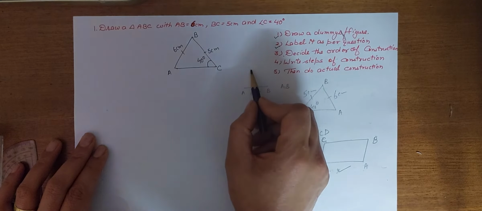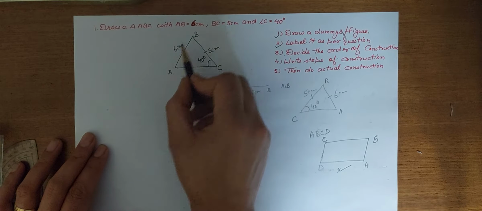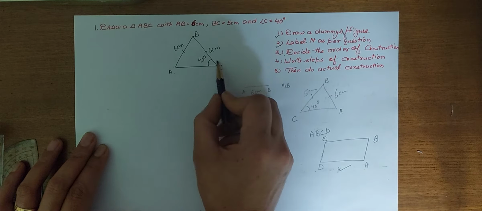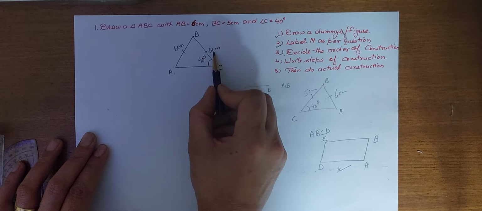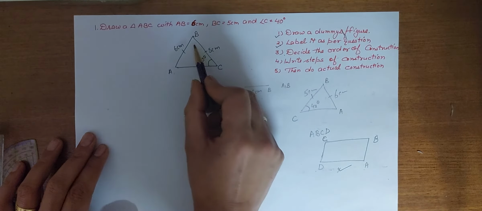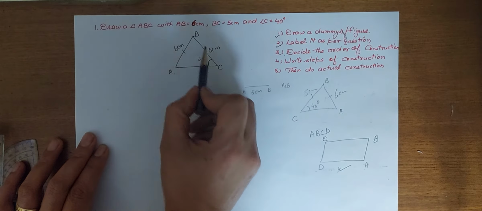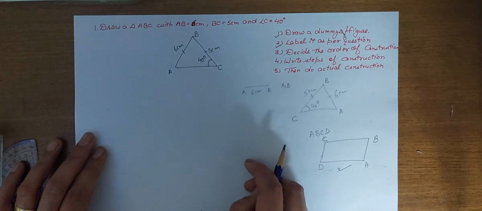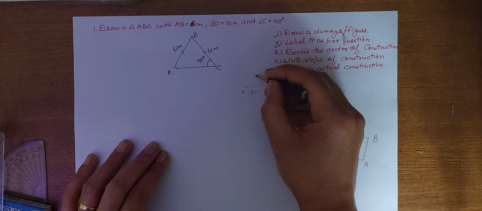Now how to reach C? From A and B, do we have any passage to reach C? Yes, we have a passage which is BC equals 5 centimeter. So we have a clue that C is positioned at a 5 centimeter distance from B. But how do we find out in which direction? Because there are many points.